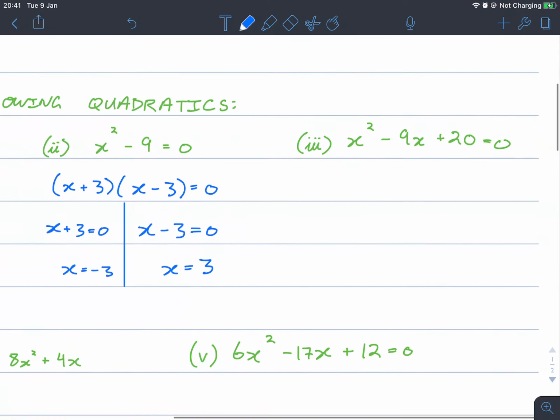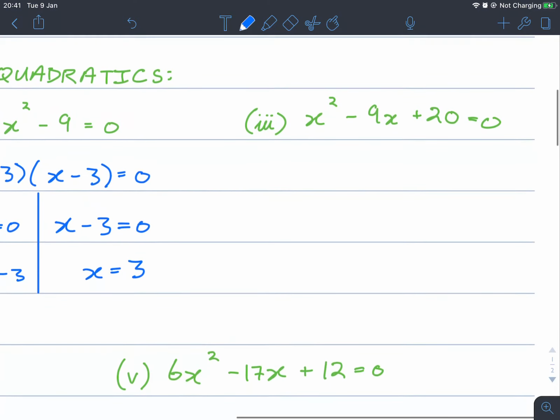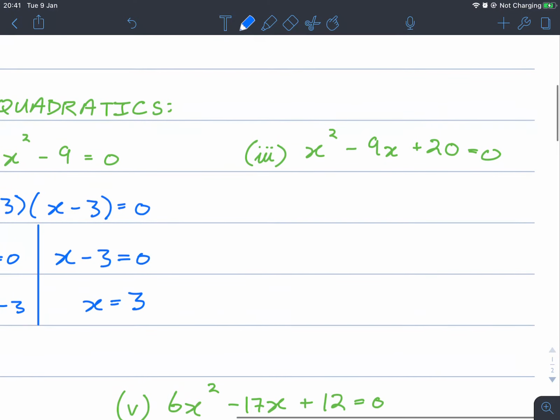Alright, moving right along. Here we now have a trinomial, so we need to find two numbers that add to 9 but multiply to positive 20. So it's going to be x minus 4, x minus 5 equals 0.